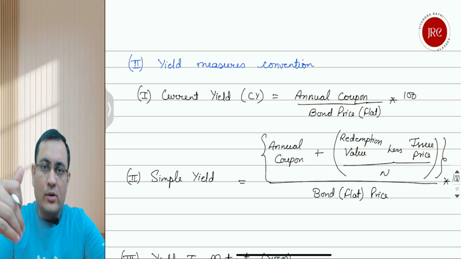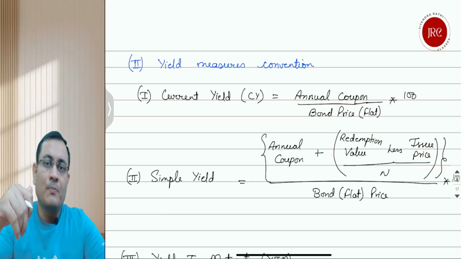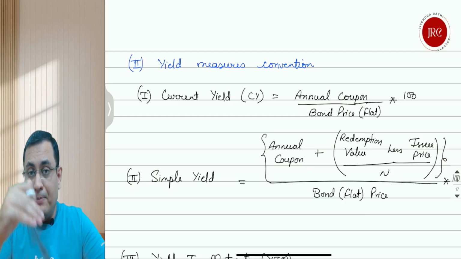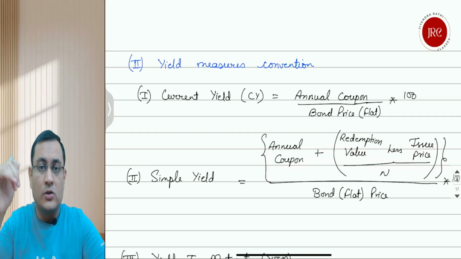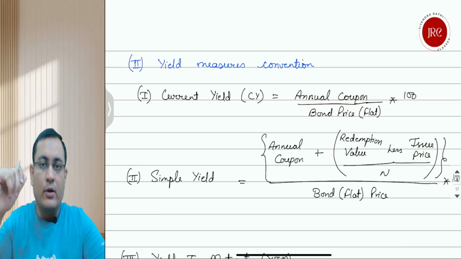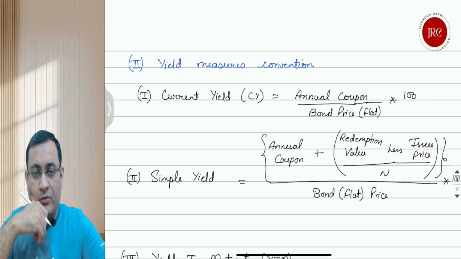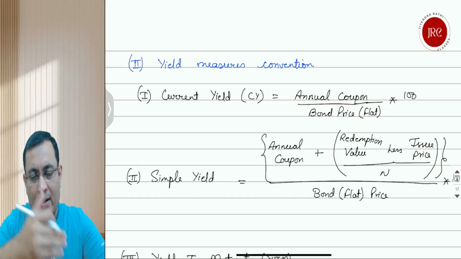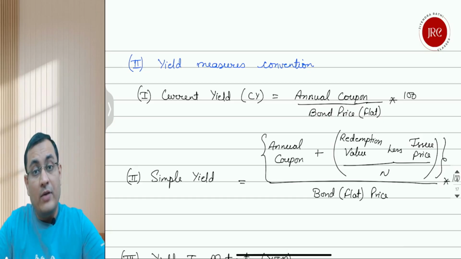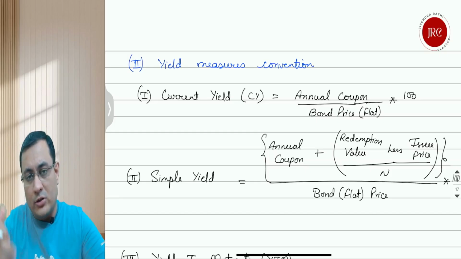So, they add the annual coupon plus a simple amortization, that is the simple average of your gain or loss, the bond redemption value minus the issue price at which you purchase the bond, divided by the number of years. So, it is split over your holding period, and then divided by your flat price, that is your original invested value in the bond.